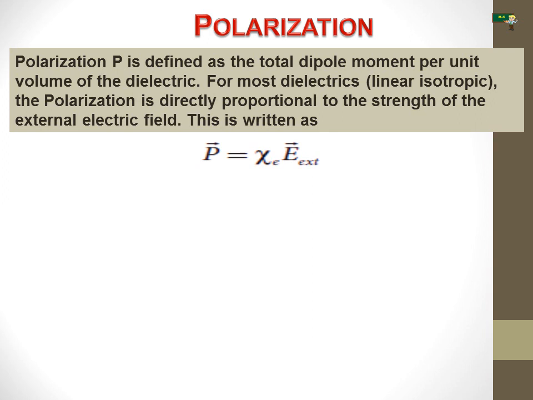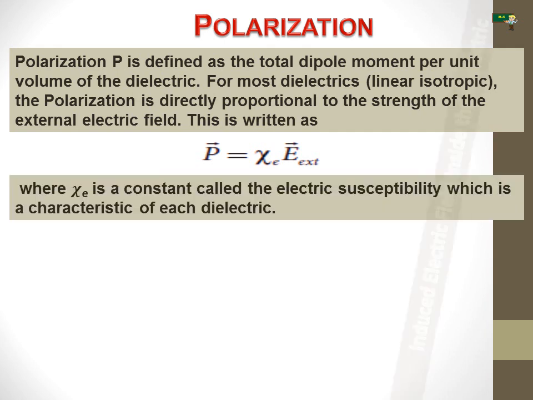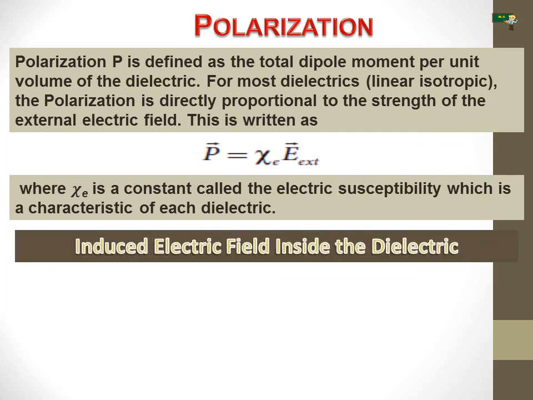Here the external electric field is directly proportional to the polarization. Here Xe is a constant, and it is called the electric susceptibility, which is a characteristic of each dielectric. Let's move to induced electric field inside the dielectric.